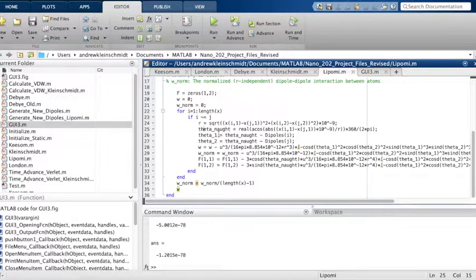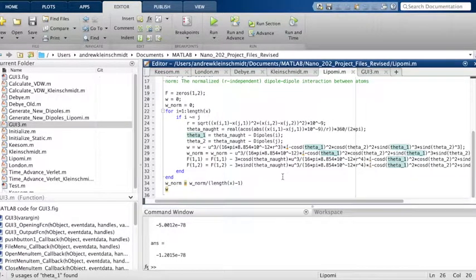So then you also have two extra thetas. So those are the angles, the angle between each dipole and the line basically connecting the positions of those two atoms. So if you go back and review the Keesom interaction, you should see where this theta 1 and theta 2 come into play. All right.